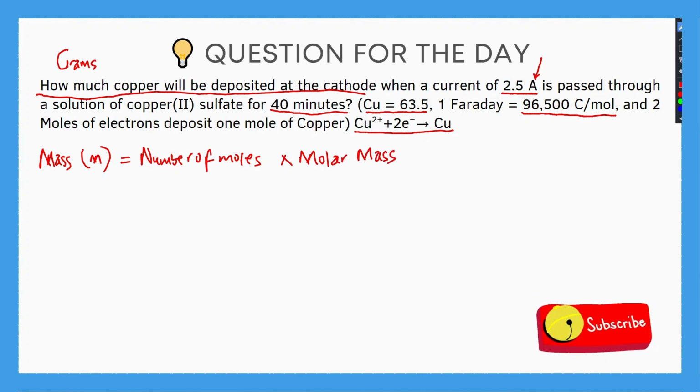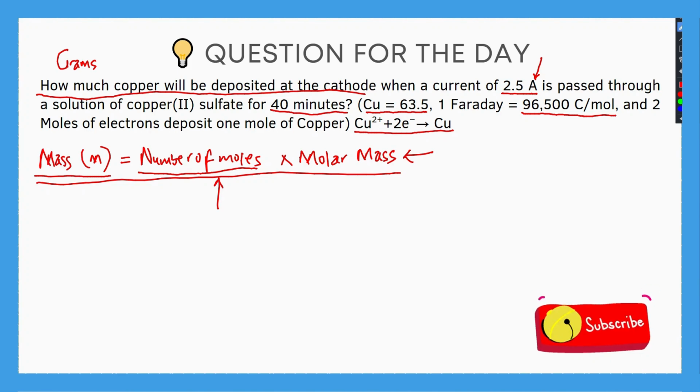Before we can use this formula, we need to make sure that we have all the necessary details. We have the molar mass of copper, yes, but we do not have the number of moles of copper, and we are looking for the mass of copper that is produced. So we need to calculate the number of moles. How do we get it?